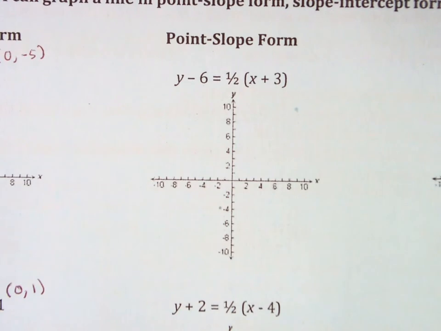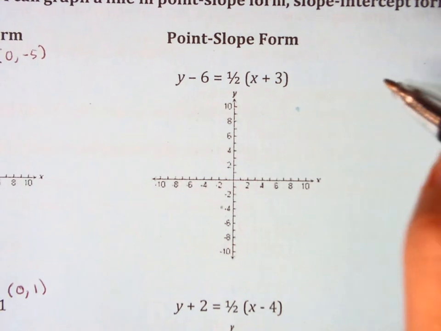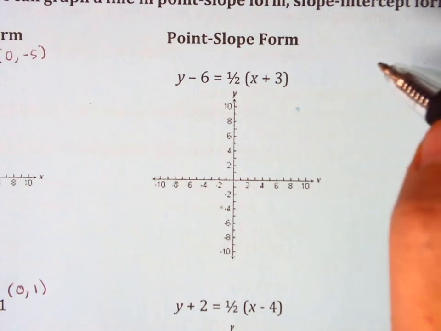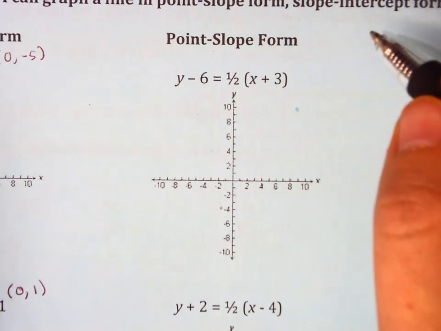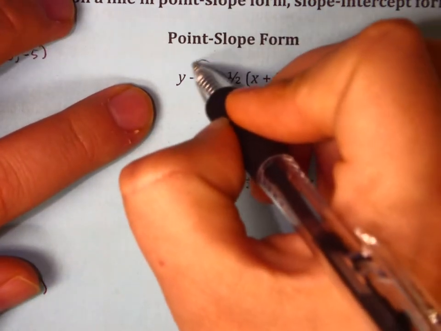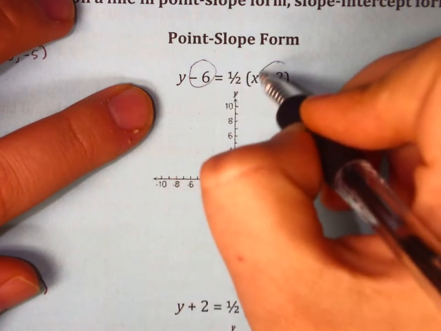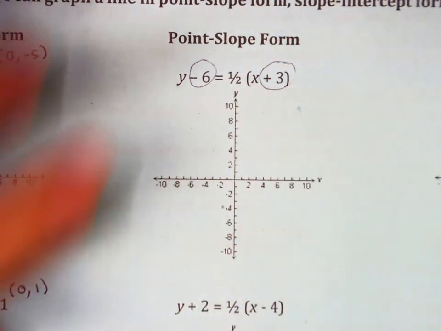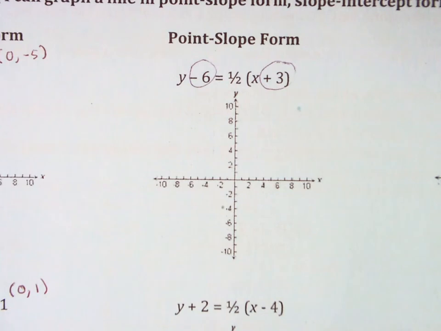Point-slope form is a similar idea. You have a starting place, and then you go where the slope tells you to go, but this time the starting place is not the y-axis. This time the starting place is the point that the equation tells you. Now, this right here and this right here, those are the points that the equation gives you.